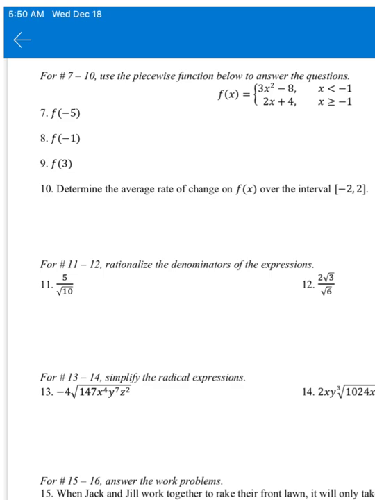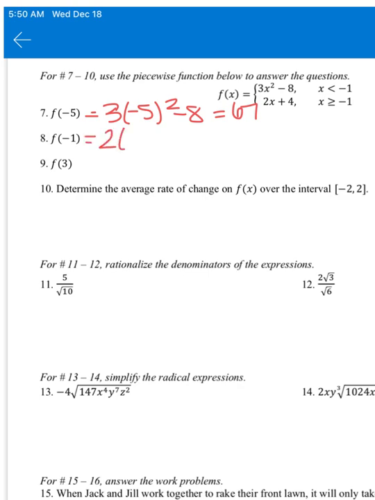For number 7, f of negative 5. Negative 5 is less than negative 1, so I would plug that into the first equation. I would do 3 times negative 5 squared minus 8, which gives me 67 for number 7. Number 8, negative 1 falls into the interval x is greater than or equal to negative 1. So I'm going to plug it into the second equation.